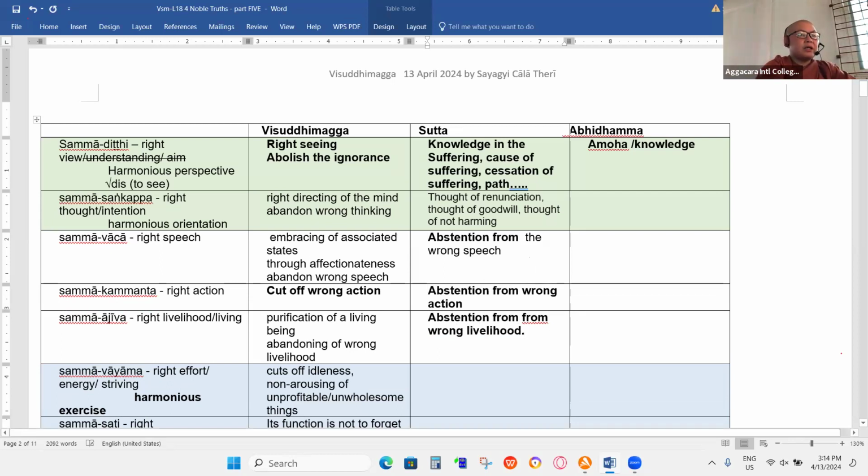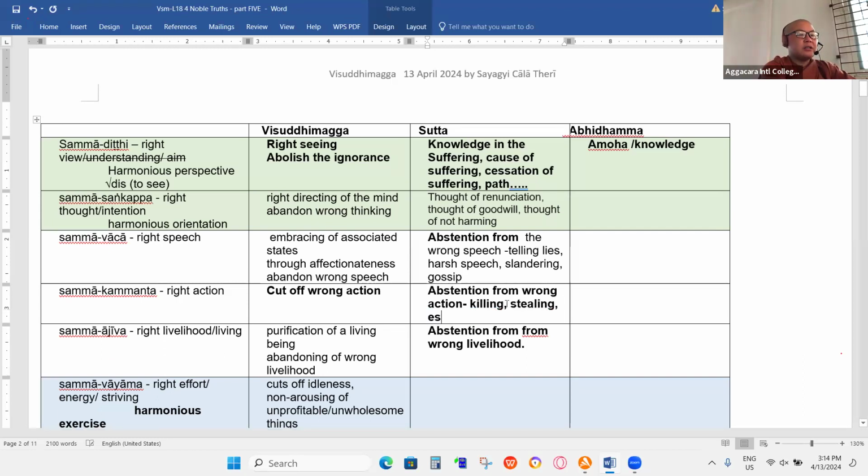Wrong speech is like telling lies, harsh speech, slandering, and idle gossip. This one is killing, stealing, and sexual misconduct. Okay, so I think most of you know this one.